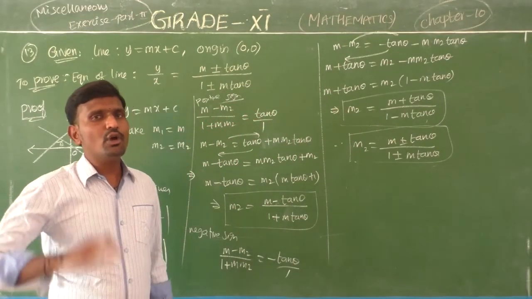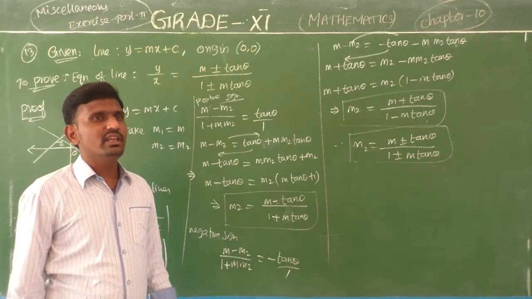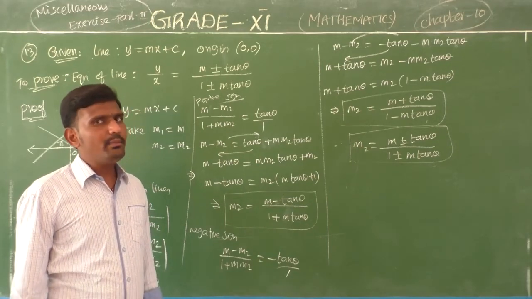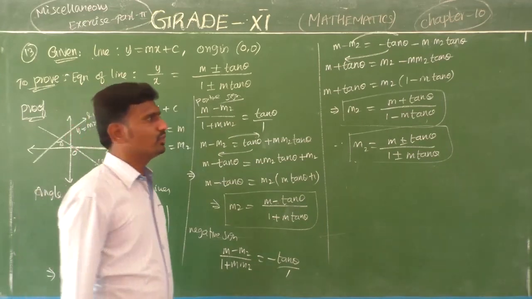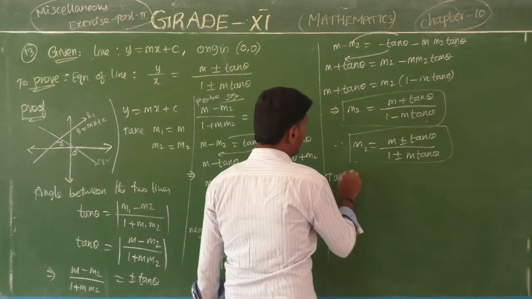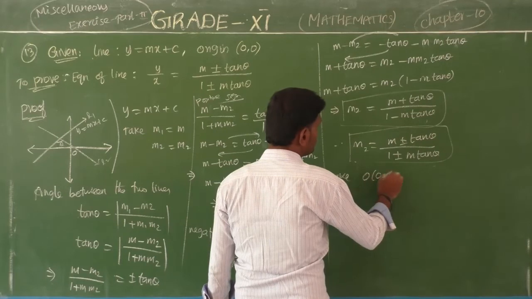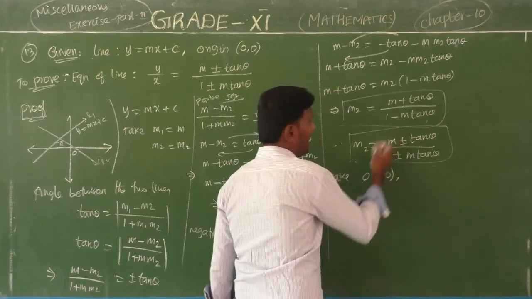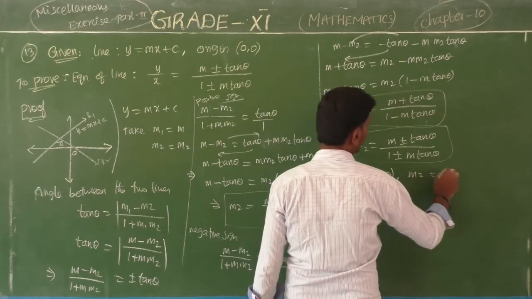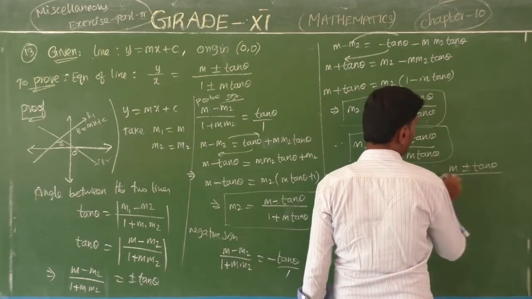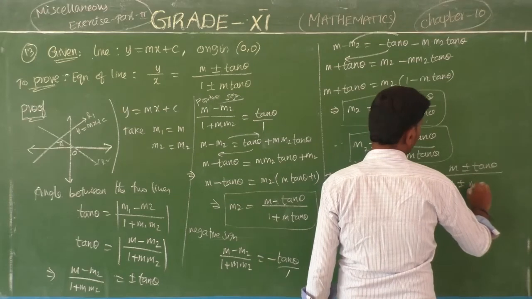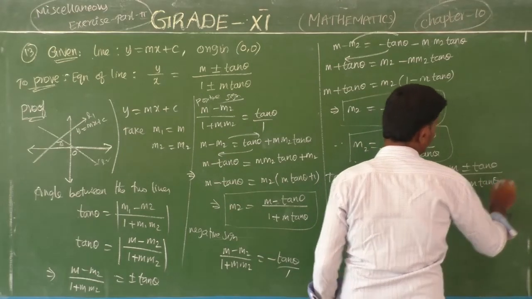Okay. Now you have the equation of a straight line. Equation of line: y minus y1 equals m into x minus x1. So take the point origin O (0, 0) and m2 equal to m plus or minus tan theta, the whole divided by 1 plus or minus m tan theta.